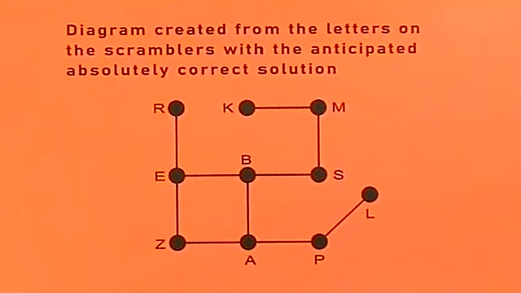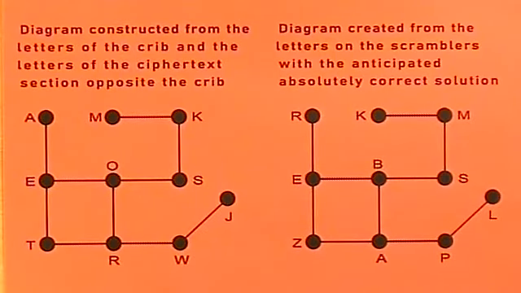Here is a diagram with the letters on the scramblers that result when the search engine tries to stop. The comparison of the corner points of the two diagrams shows the plug connections made or not made on the plugboard of the Enigma.